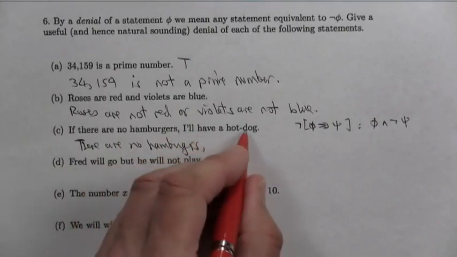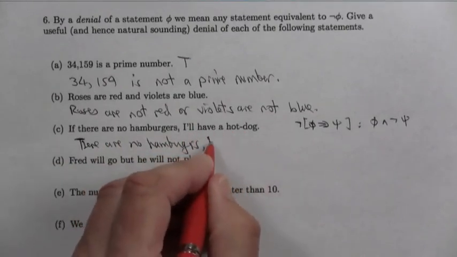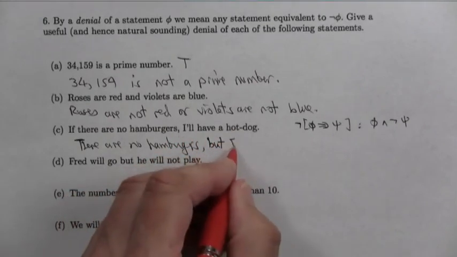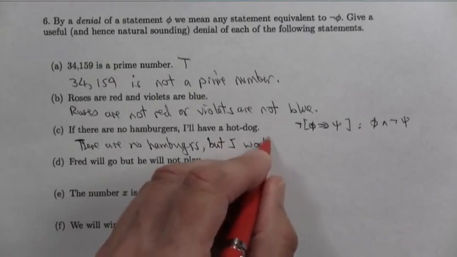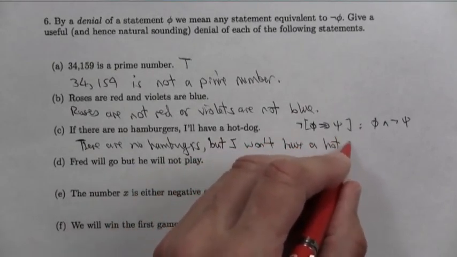Conjoined with the fact that I won't have a hot dog. Well, I think in this case it's more natural to write the conjunction using but rather than and, say, but I won't have a hot dog.